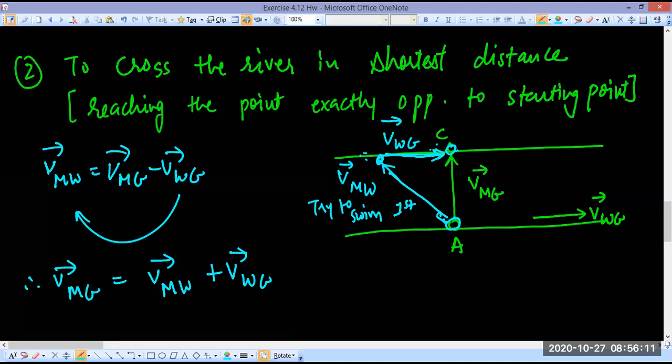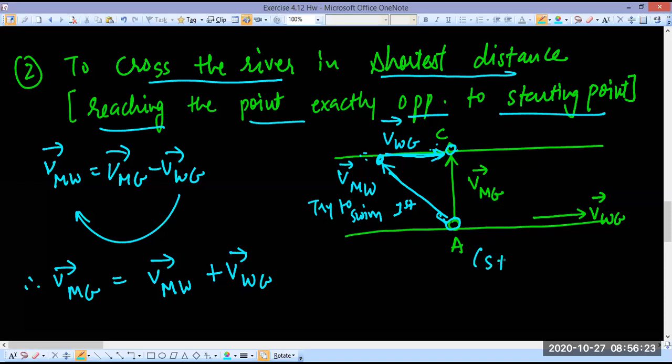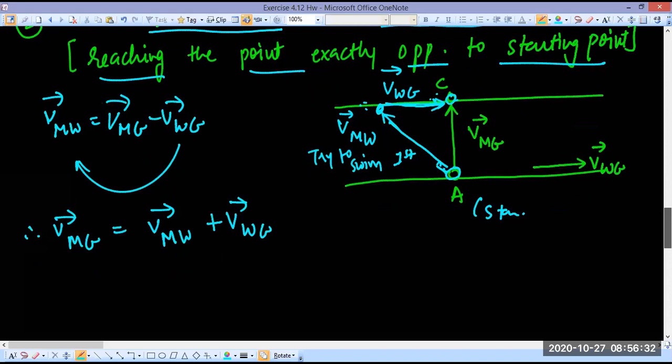So if this person does this, then the person will be able to cross the river in shortest distance. That is, the person will reach the point exactly opposite to starting point. A is the starting point, right? So such a question can also be asked, that at what angle with this should the person try to swim.